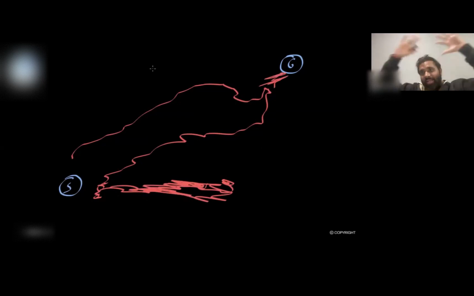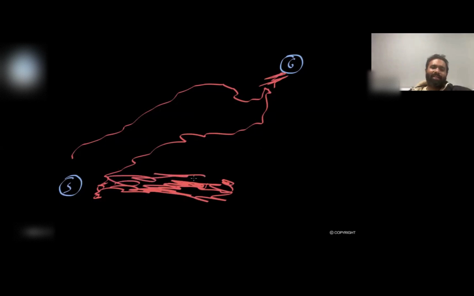So if you have a very large search space, you might explore some unnecessary paths, because when your closed list is reaching here, the corresponding F value is very high if you consider F equal to Gn plus Hn only. Why? Because Gn is very large for these nodes, and Hn may be small, but Gn is very large. So it might explore some unnecessary nodes in a different direction before reaching G.